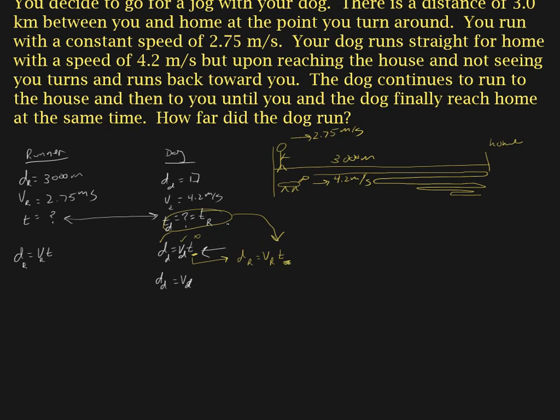Anyways, these happen to be the same, and so we'll solve this equation for t, and we get t is equal to d of the runner divided by v of the runner. So now we'll make that substitution back into this equation, and we get v of the dog times d of the runner over v of the runner.